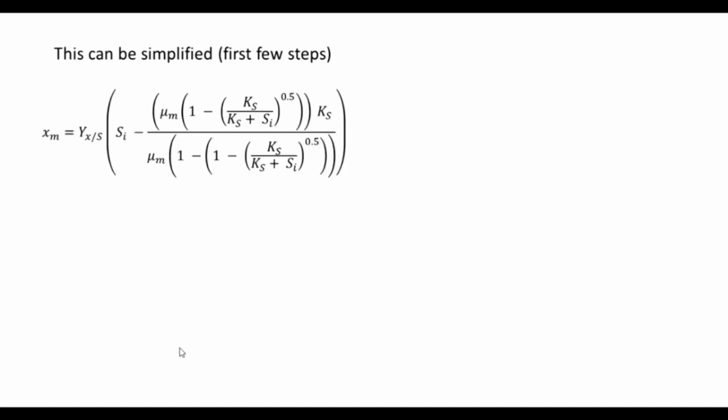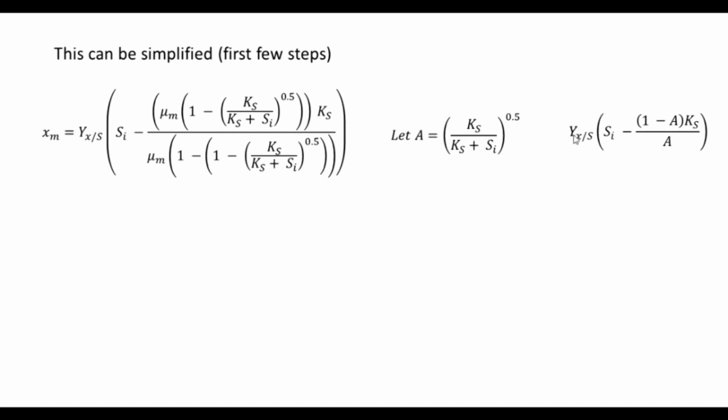This can be simplified. The first few steps are shown here. This is the starting expression, and for simplicity, I take A to represent Ks by Ks plus Si to the power of 0.5. I am showing these steps because I can quickly show them to you, not like the other derivations which would take a long time. And therefore, you could write this as just the right hand side alone.